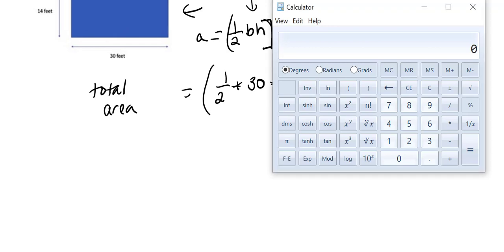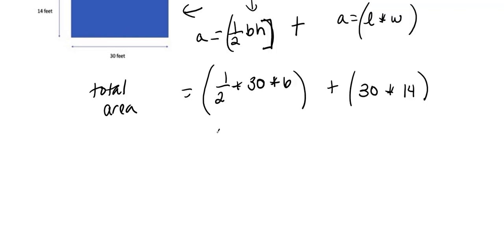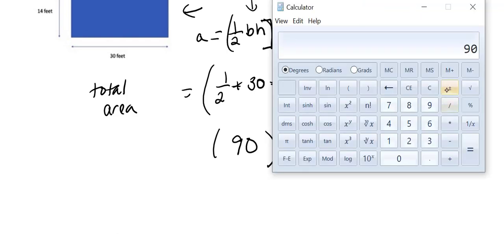So let's remember that 1/2 is really 0.5. So we can go 0.5 times 30 times 6. So that's equal to 90. Plus, and then we're going to go 30 times 14.